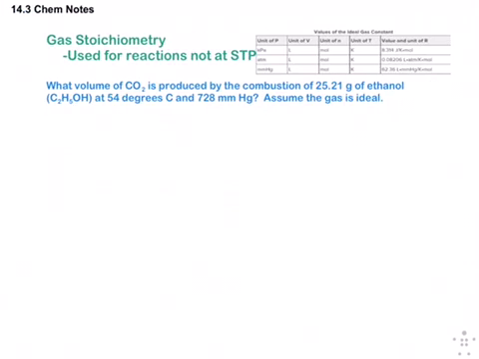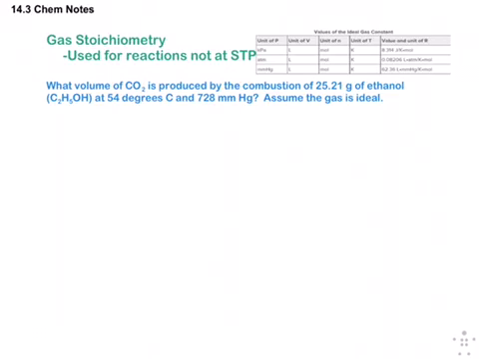Moving on. They do get a little more complicated because we can use stoichiometry when things are not at standard temperature and pressure. Stoichiometry, remember, requires a balanced chemical reaction before you can do any of the math. So, what volume of carbon dioxide is produced by the combustion of ethanol?